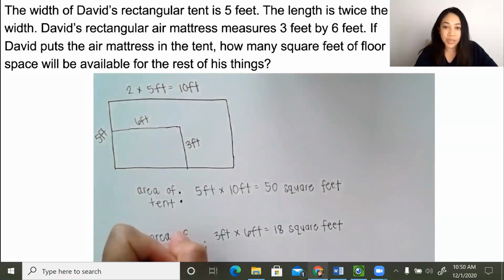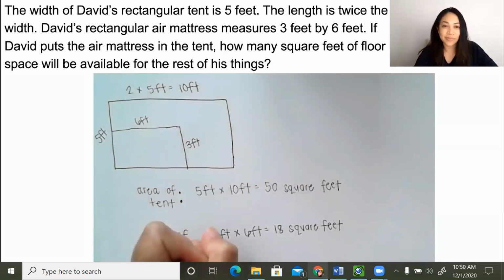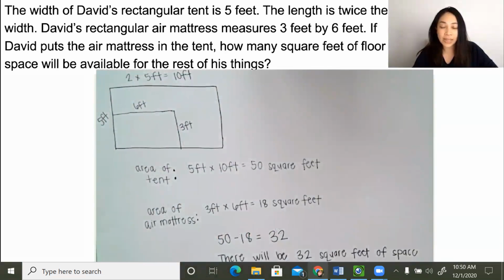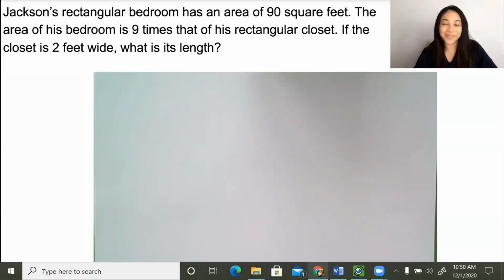So let's go ahead and do this now. How much space will be left in the tent? There will be 32 square feet of space left in the tent. Excellent work. Let's start the next problem.